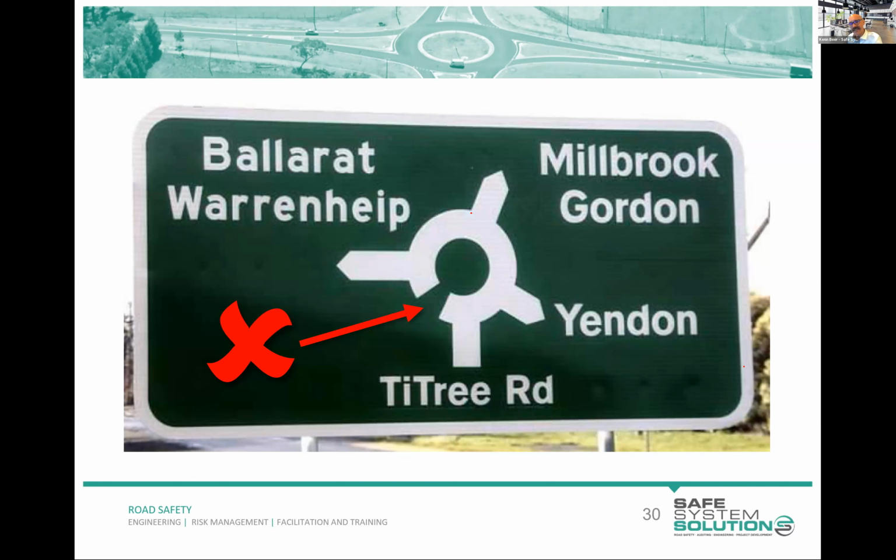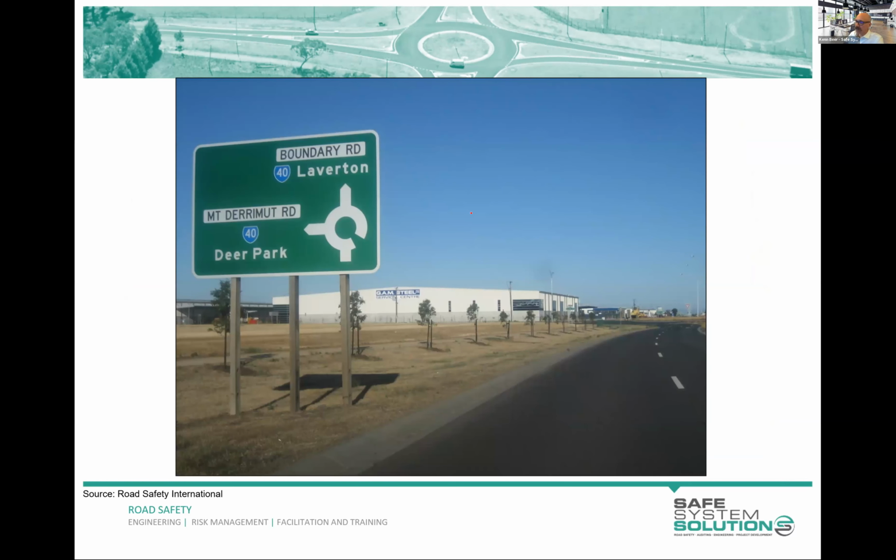But there's a subtle little bit of information there, and it's not right. But I suppose the question I might pose to the group is, where might it be a little bit more risky? What location out there on our road network would it be a little bit more risky?